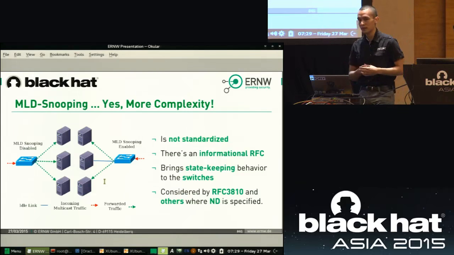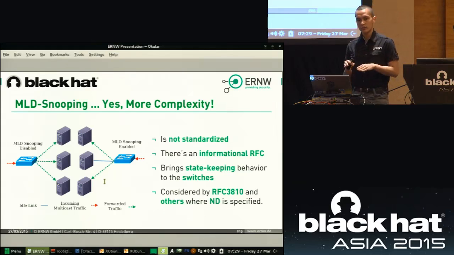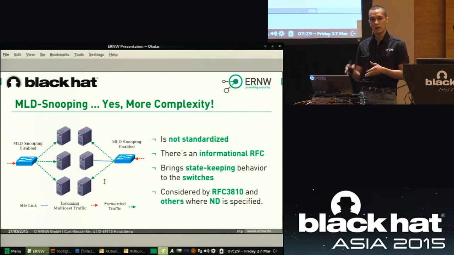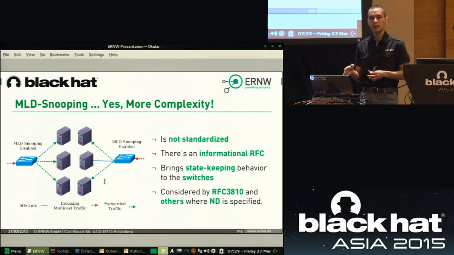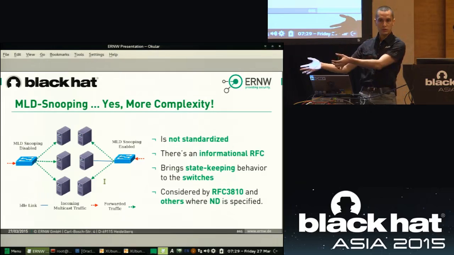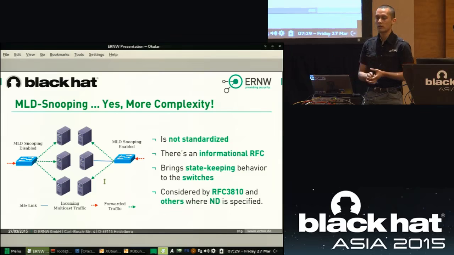implementation called MLD snooping. In our scenario, when the router serving VLAN 100 sees the multicast traffic, as Rafael already mentioned, the router doesn't know who specifically is listening to the multicast data. So the router just gives that to the switch, and the switch sends it to everyone, to all of the clients on the local area network.